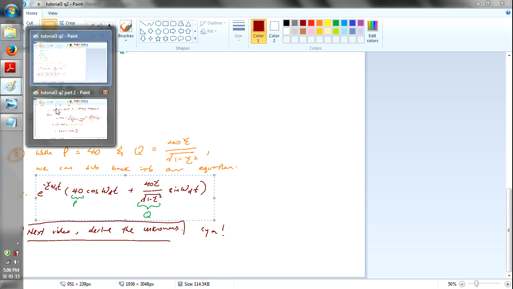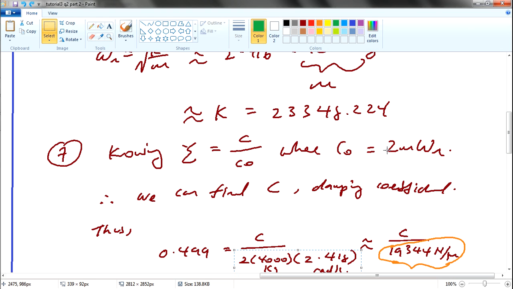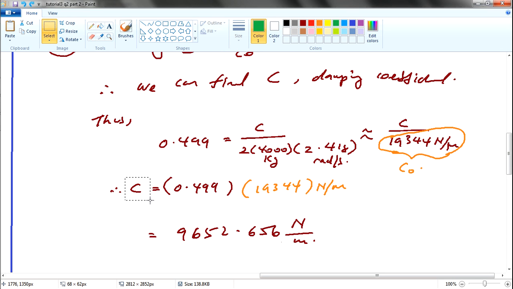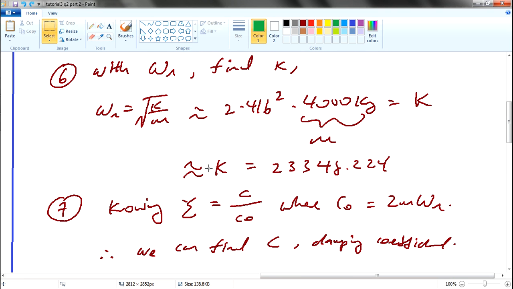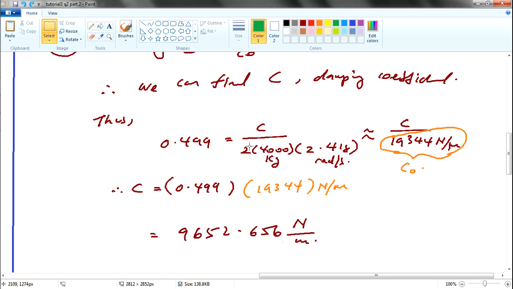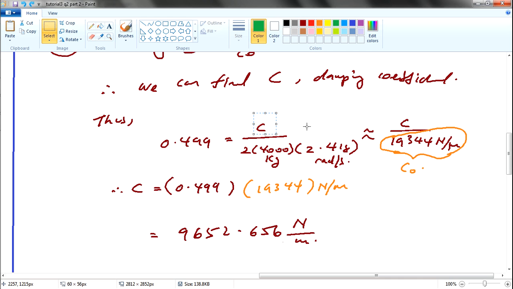And this is the C naught as I said earlier, because C naught equals 2m times the natural frequency omega, and with this and also the damping factor, you can easily find your damping coefficient C. The damping coefficient C is the damping coefficient of the original system, of your system's damper.